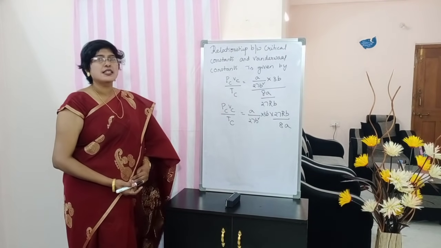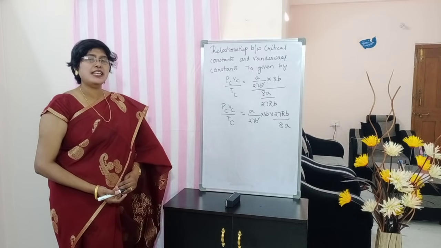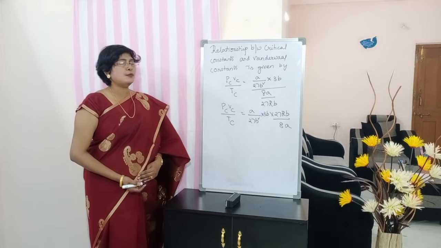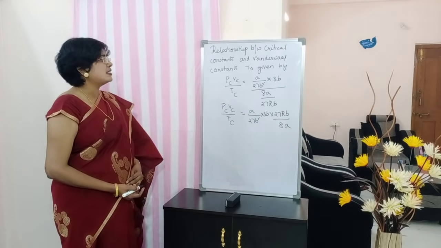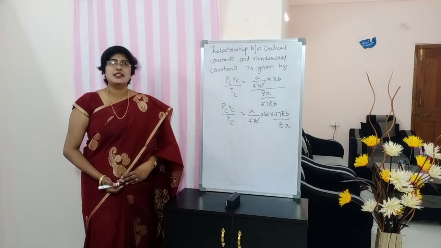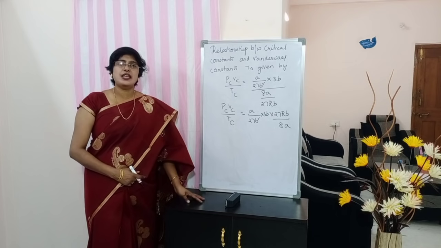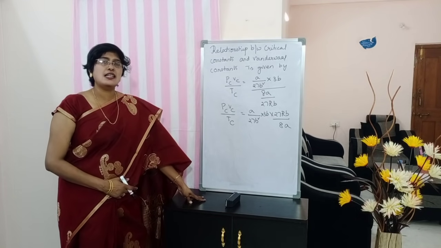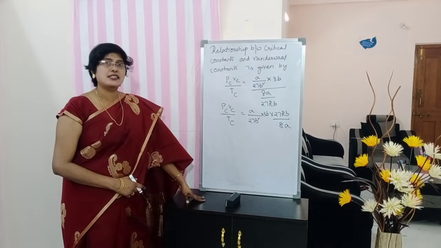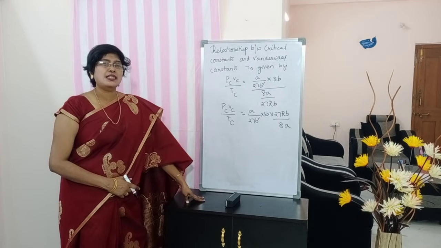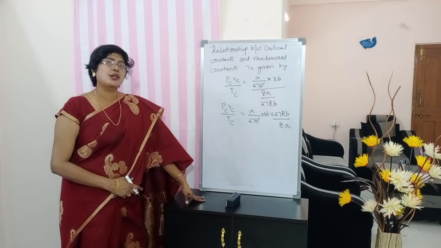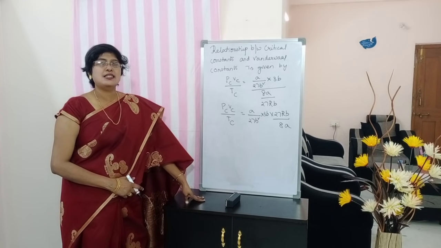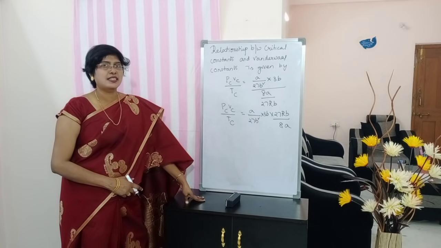So students, the final conclusion, the relationship between critical constants and Vanderwaal constants is given by, write down, PcVc by Tc is equal to, okay.